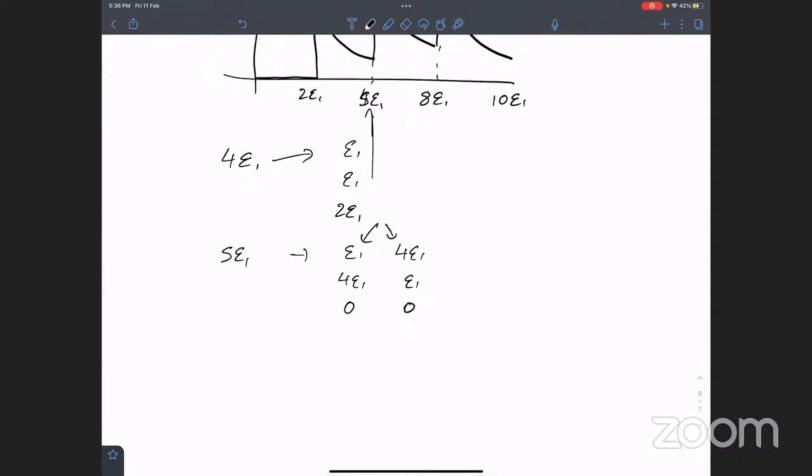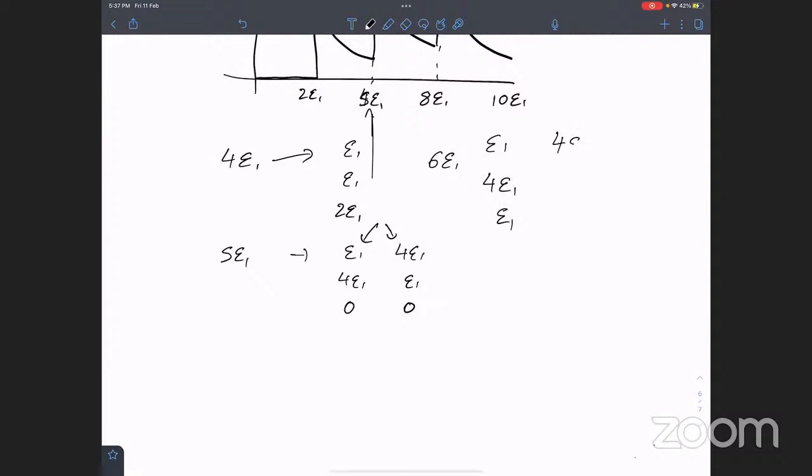Next, let us say I count 6E1. How do I split this? I can give E1 along X and 4E1 along Y, and then the remaining is E1, so I'll give that to Z. This is not the only way.